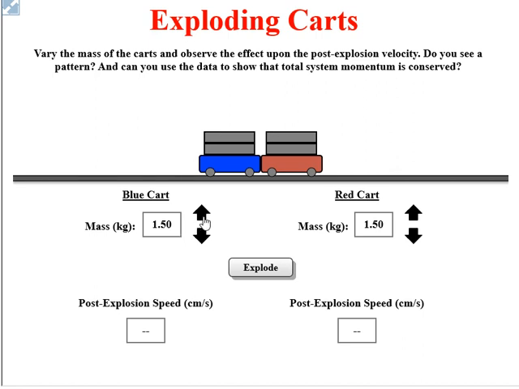So let's see if we have the masses of the carts the same. The blue cart here is 1.5 kilograms, the red cart was also 1.5 kilograms. What happens if there's an explosion in the middle of the two carts here and they move apart? Will they move apart with the same velocity?